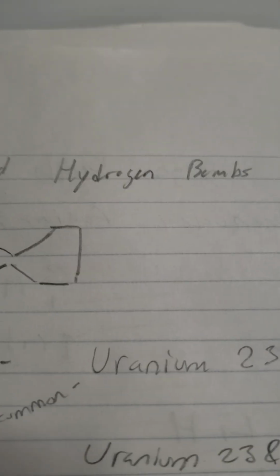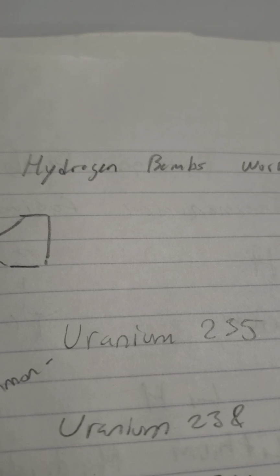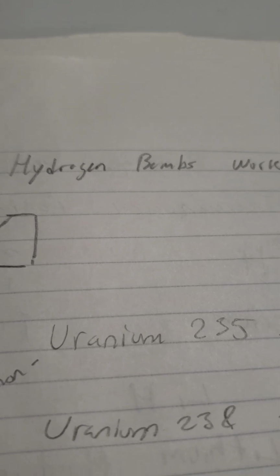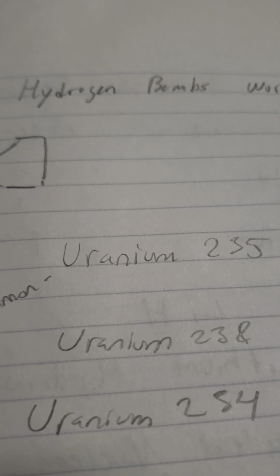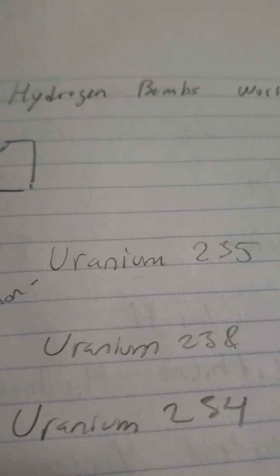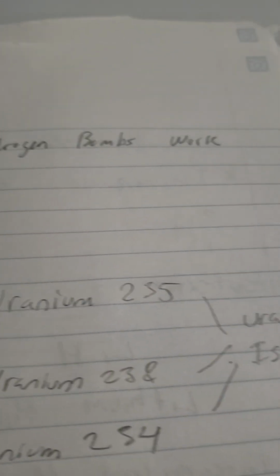The most commonly used type is uranium 235. They also use uranium 238, and sometimes uranium 234 is used. And it's important to note that all three are isotopes of uranium.